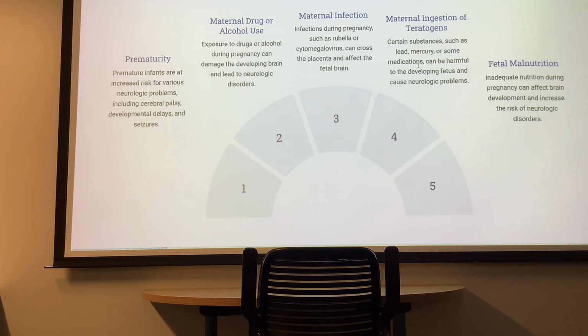Sushi is one of them, no raw fish. I think soft cheeses are another one, okay? And then fetal malnutrition, right? Whatever is causing them to not get enough of the nutrients, so maybe there's a defect in the placenta, or maybe the person who's pregnant isn't eating well, right?